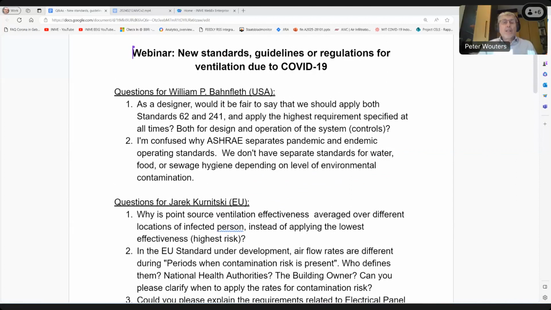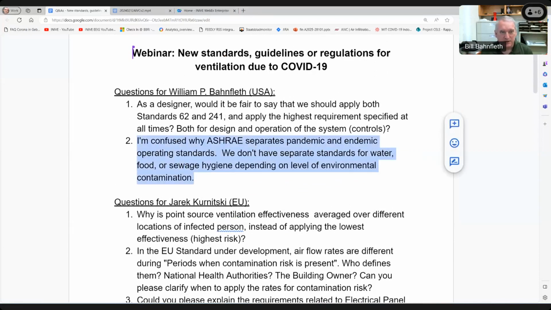Okay. Bill, there is an additional question for you. So the question is, I'm confused. Yeah. Sure, I see the question. I'm not sure that ASHRAE actually is separating pandemic and endemic operating conditions in the way shown. Again, the requirements can be applied based on perceived risk, and acceptable risk is determined by authorities.